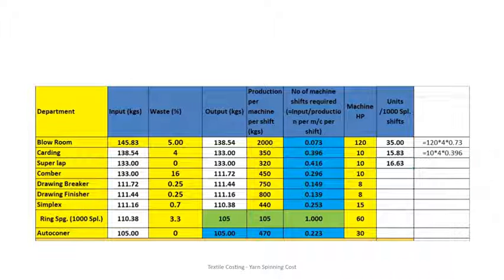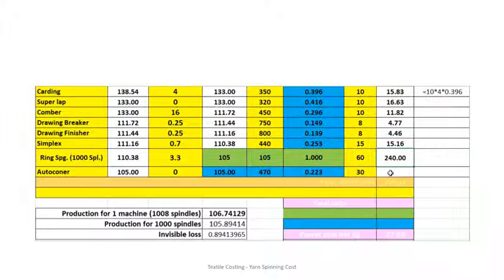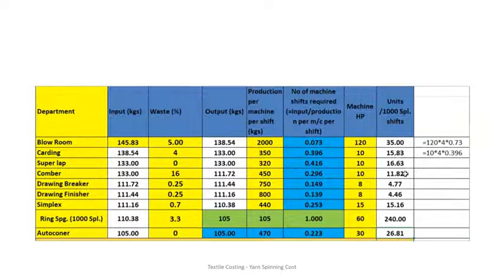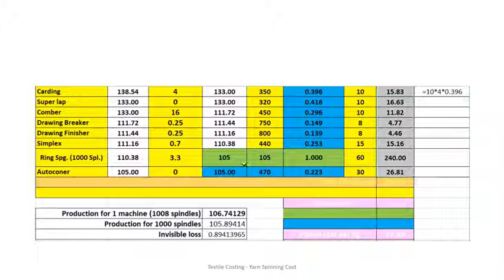Similarly here we have 16.63, then 10 into 0.296 into 4, we get 11.82, 8 into 4 into 0.149, we get 4.77, 8 into 4 into 0.139, we get 4.46, 15 into 0.253 into 4, we get 15.16, 60 into 4 into 1, you get 240 units, and 30 into 0.223 into 4, you get 26.81. So now let us sum all the units.